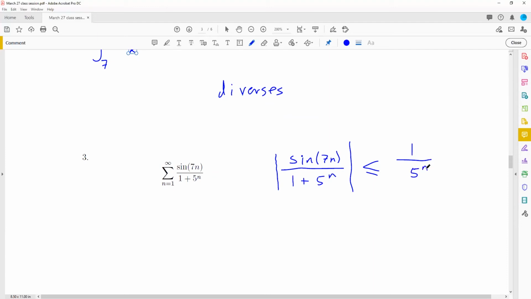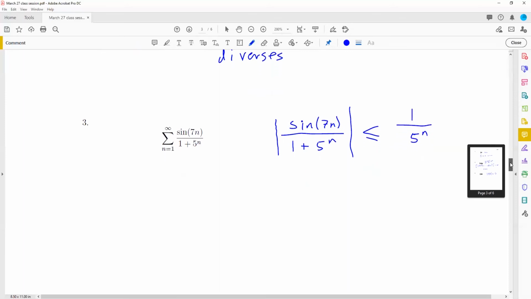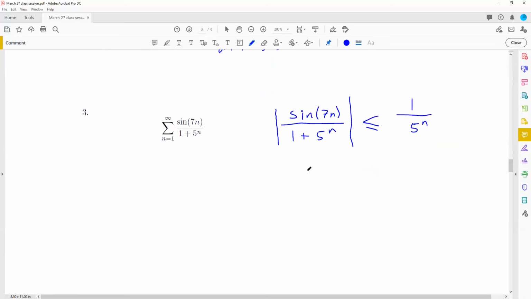Yay. Although the amount is not that much, especially if n is really large, then it doesn't really make that much of a difference. Okay, and so now, what do you think, converges or diverges? What does this series do? Convergence. 1 over 5 to the n.